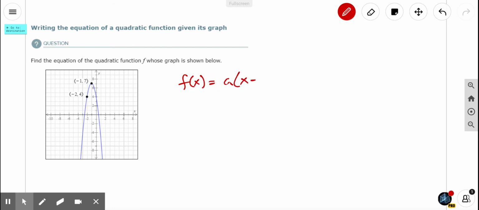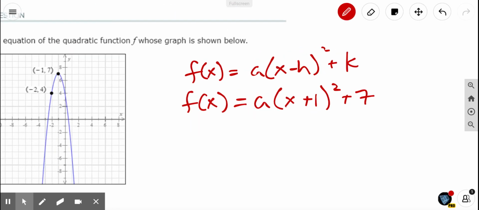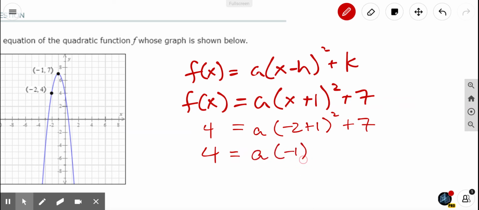Start with the formula, substitution. Okay, plug in the point. 4 equals a times (-2 plus 1) squared plus 7. 4 equals a times -1 squared plus 7.